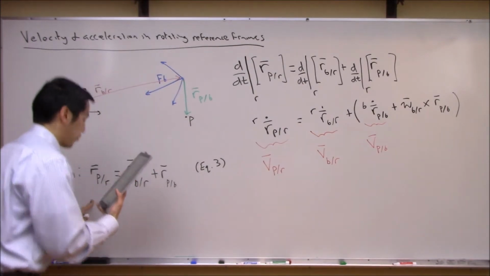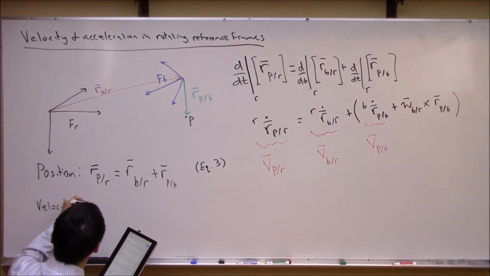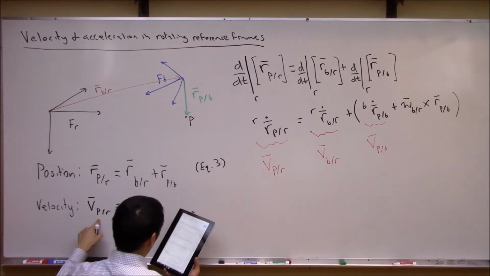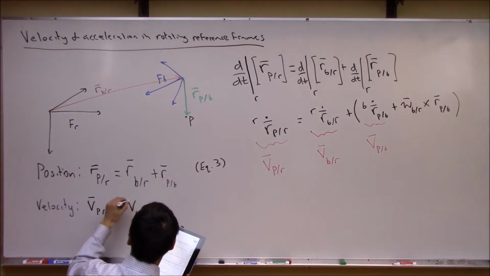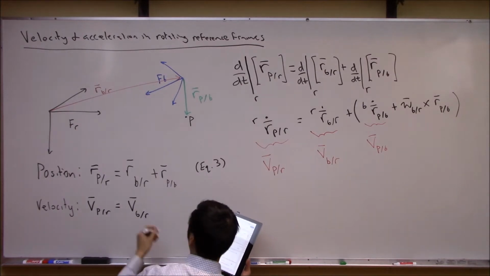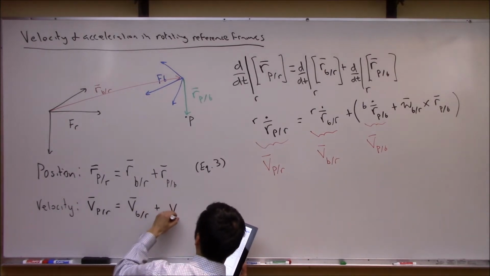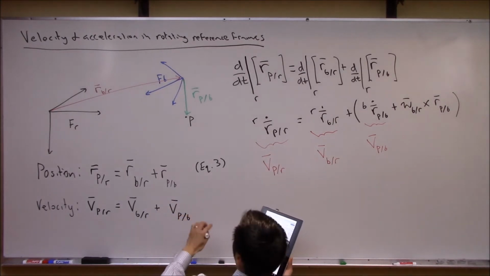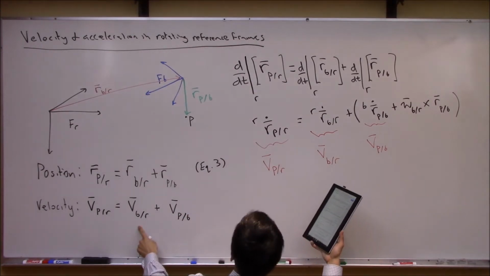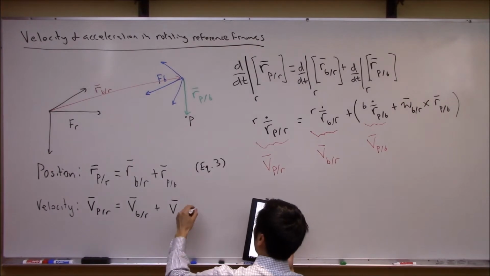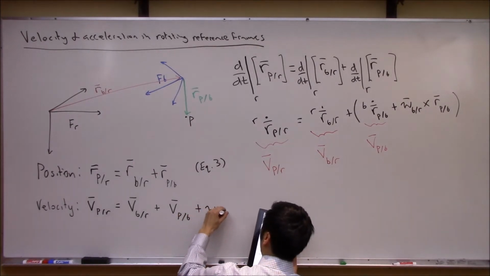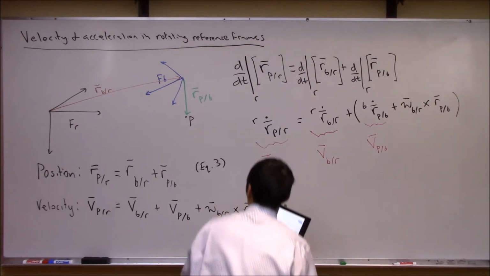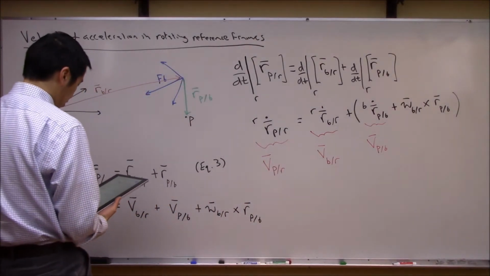The expression for velocity that I'd like to write down is: the velocity of P with respect to R is the translational velocity of the two frames away from one another or towards one another, plus the velocity of P with respect to B, plus omega B with respect to R crossed with rP with respect to B. Let me just triple check that I got all that correct.